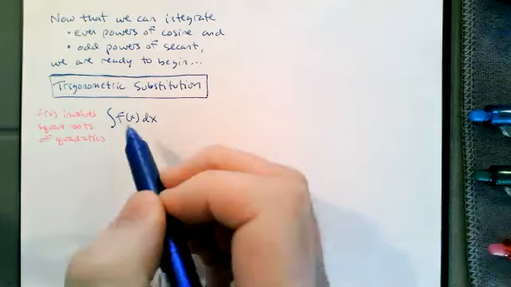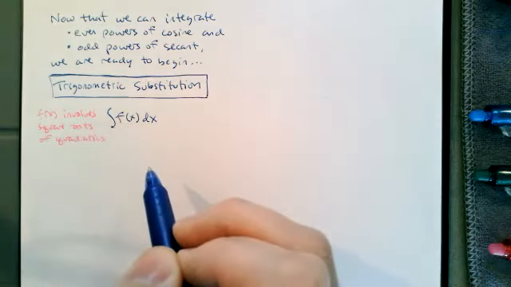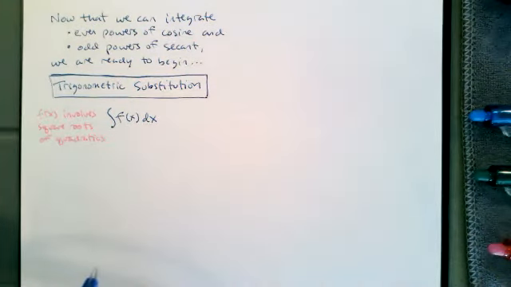So we see that f of x involves square roots of quadratics, and trigonometric substitution is how we deal with that. So the first thing, Act 1, is we trade our x integral for a theta integral. We do the trigonometric substitution.